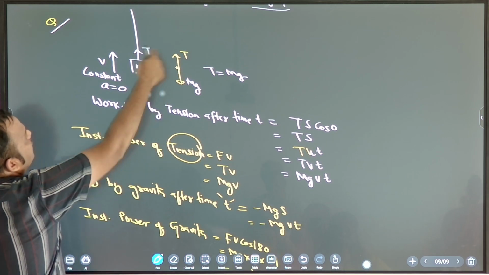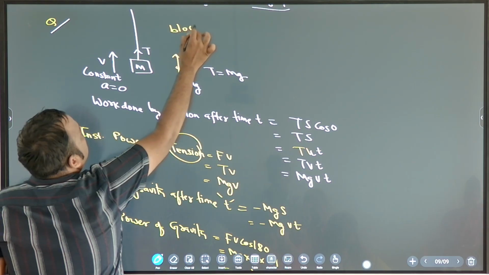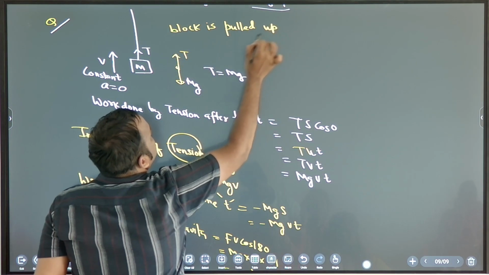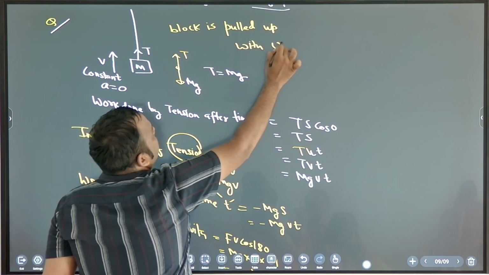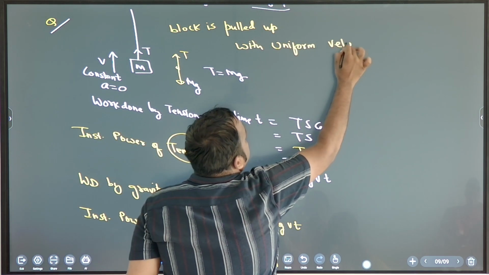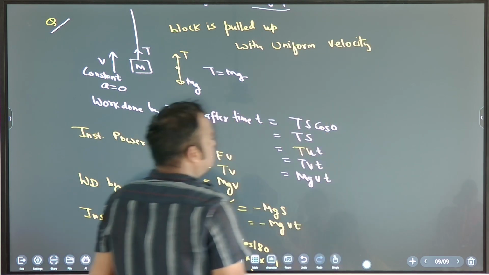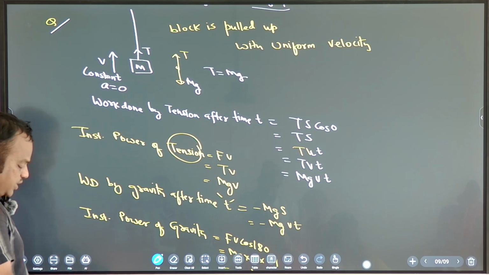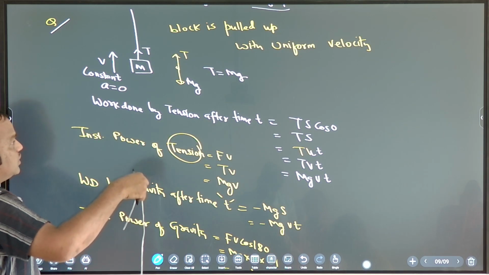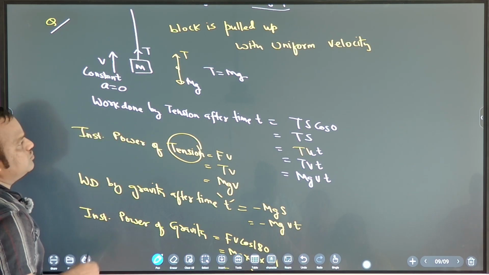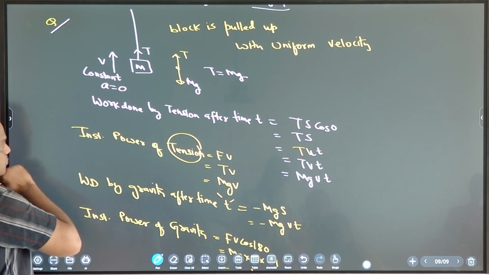If you want, you can write here also: block is pulled up with uniform velocity. Clear? Note down.